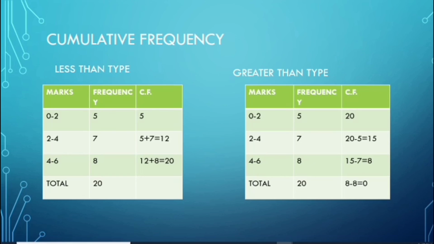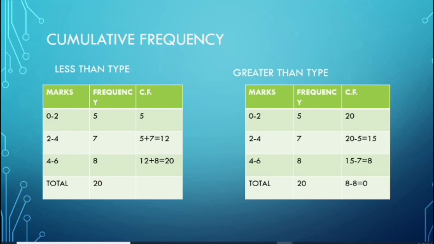The number of students who have got marks 0 to 2 are 5. The question will be how many students have got marks greater than 0? Of course, all students have got marks greater than or equal to 0. So there are 20. So the cumulative frequency becomes 20.